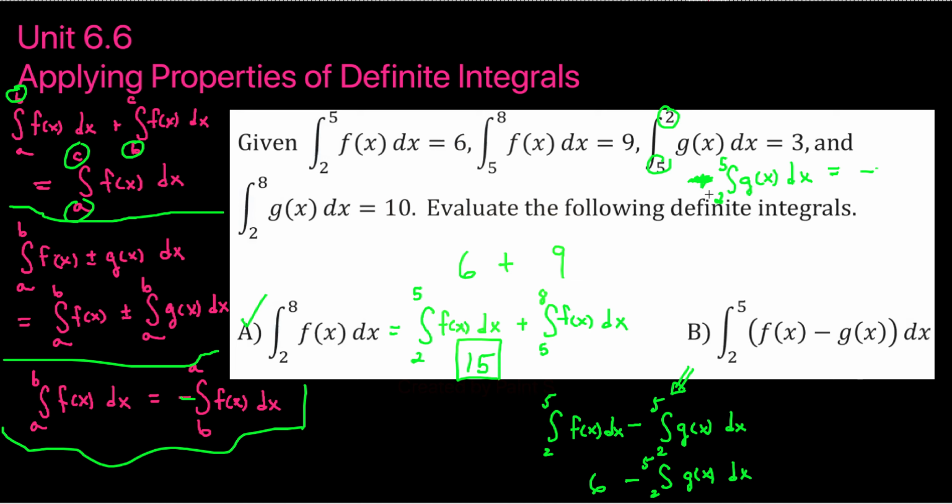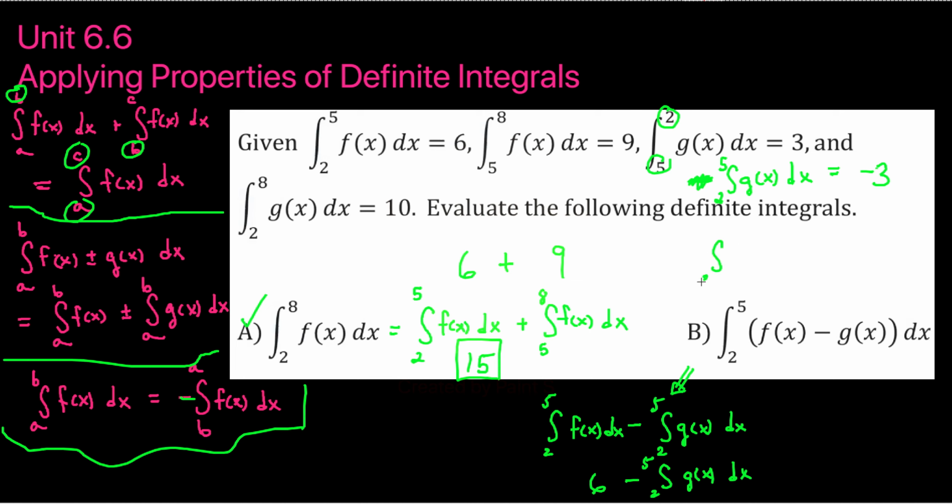If I flip the bounds, this is for sure going to be negative 3. But how do I illustrate this? I apologize. Why am I having this problem?